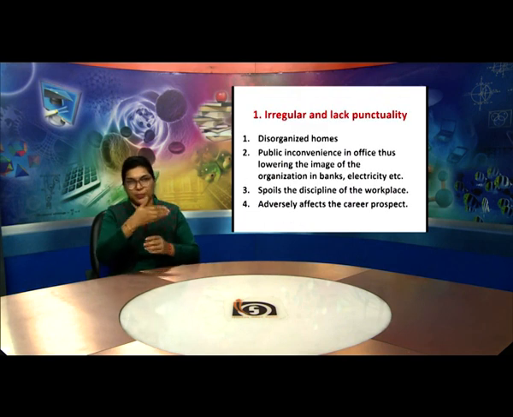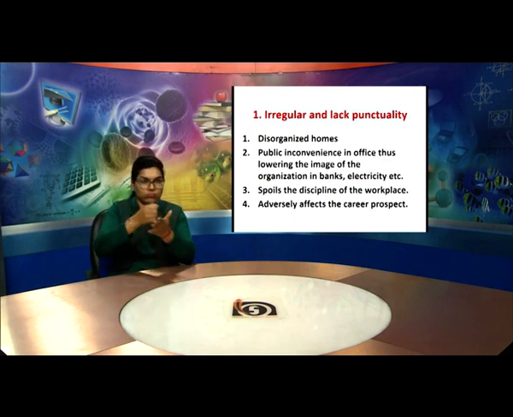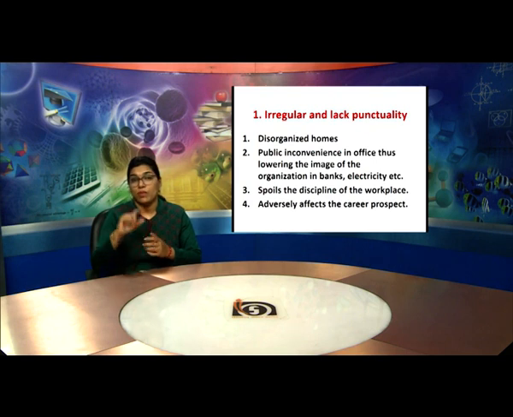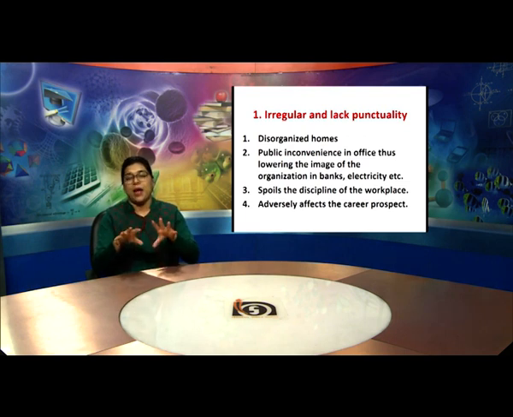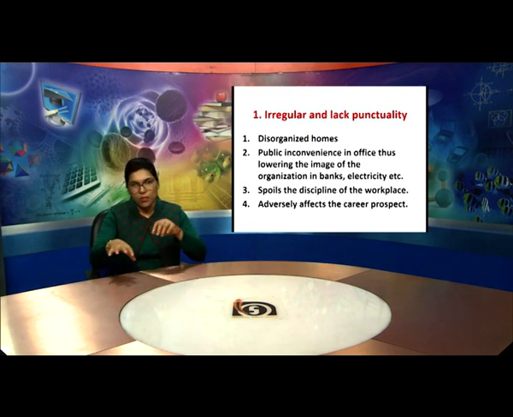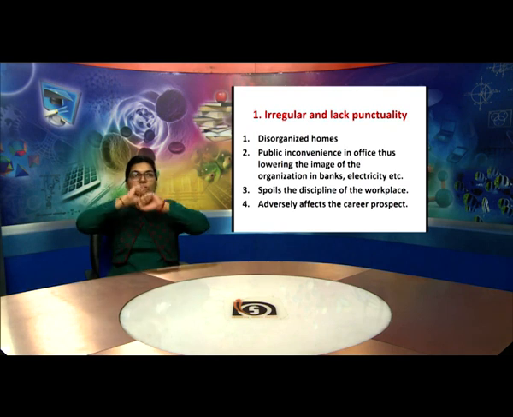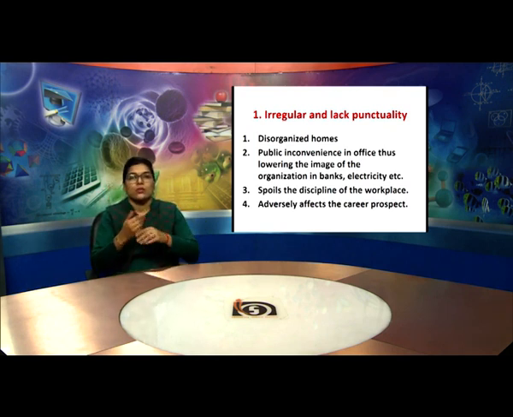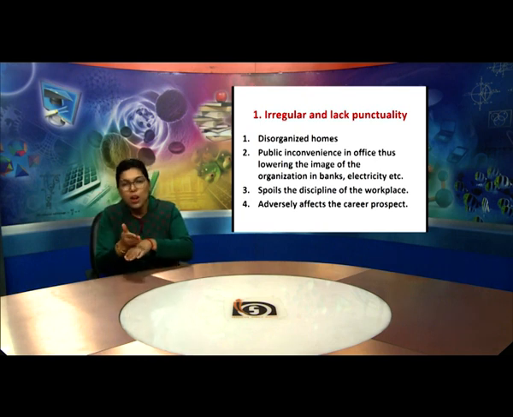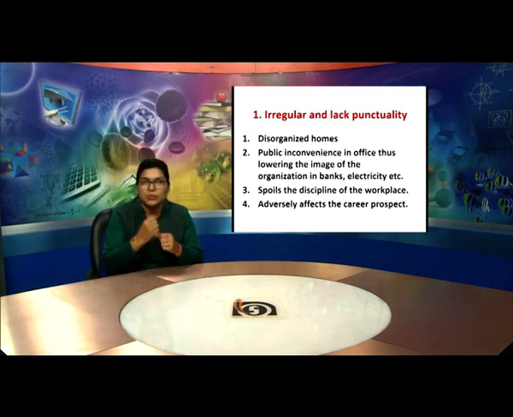The first point we just saw explains the topic as irregular and lack of punctuality. The first point under this topic explains that whenever we have disorganized homes, then the work gets irregular, or we say that it is not done on time.